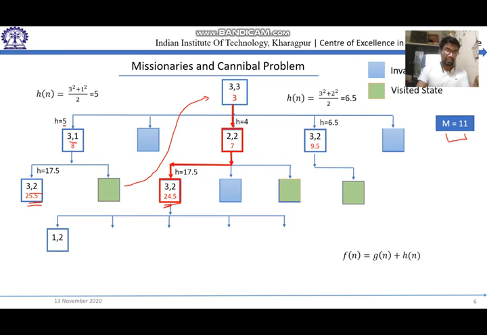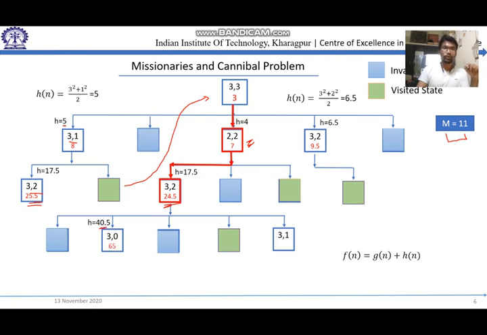Now if I further expand this 3 2, it turns out to be 1 2, which is again an invalid state. Then 3 0, 2 1, which is again invalid, and then 2 2, which we have already visited, and then this 3 1.